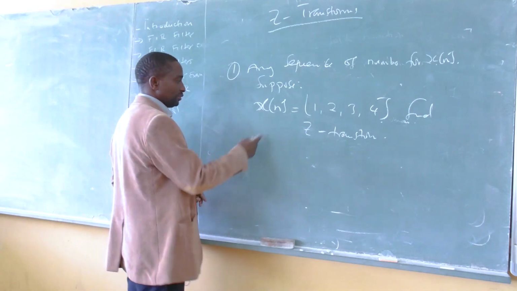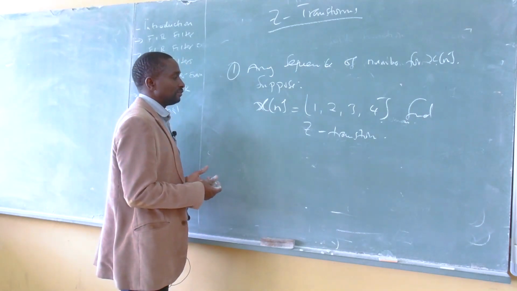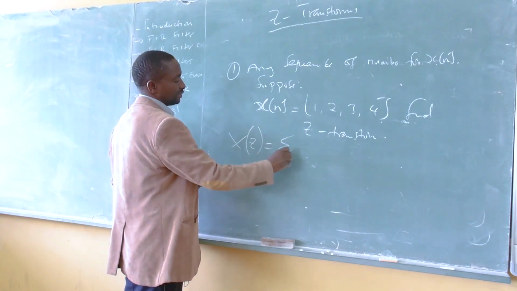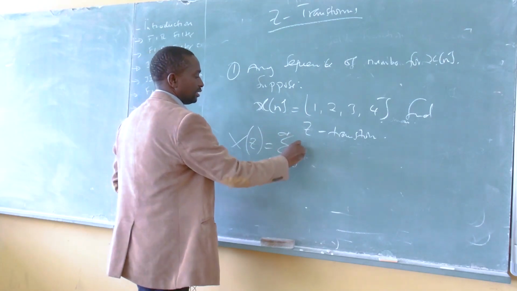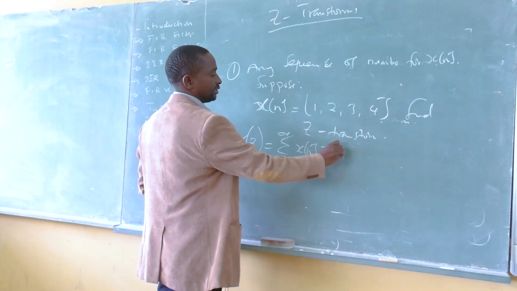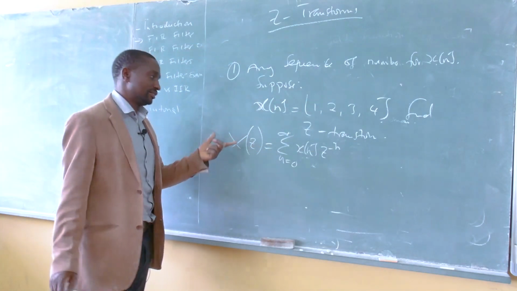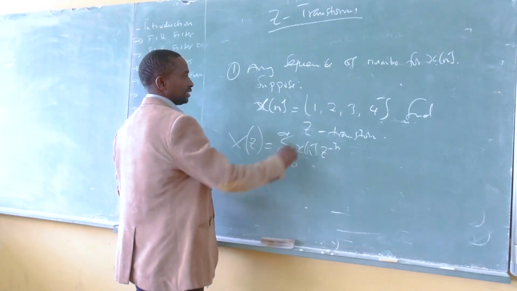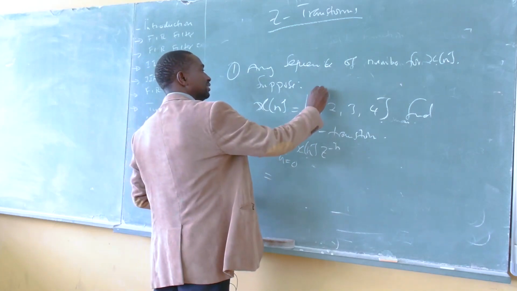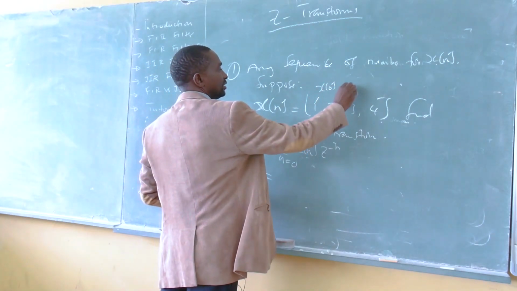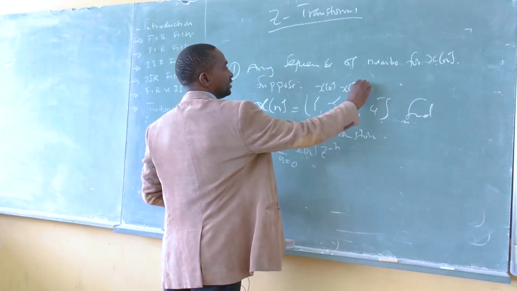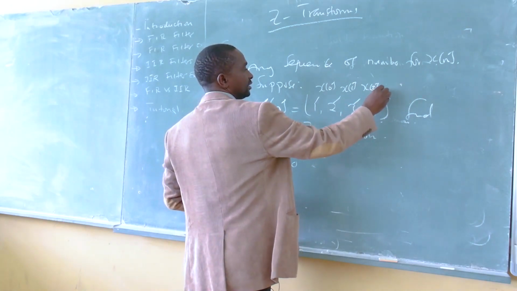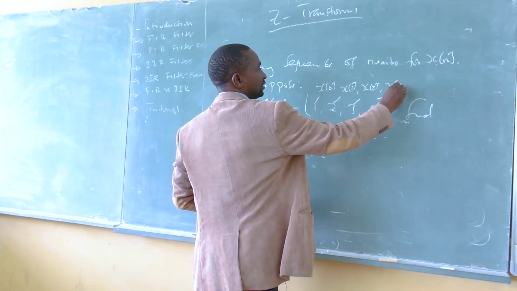So what you do is go back to the definition of what Z transforms are. We defined Z transform as X of z equals summation n equals 0 to infinity of x of n z to the power minus n. So from equation 1, we can again do the expansion, noting that in the sequence this 1 is at position 0, this 2 is at position 1, the 3 is at position 2, and the last number here, 4, is at position 3.